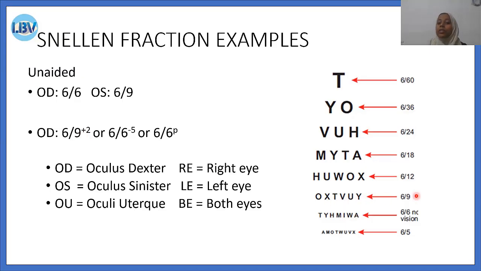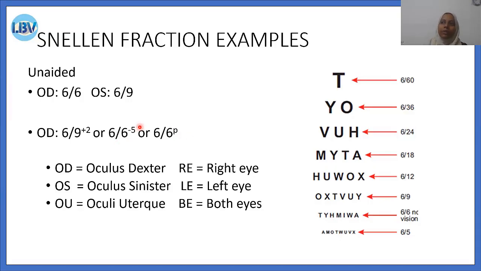That means the patient has completely read the 6 by 9 line and two letters from the next line, that is the 6 by 6 line. Or you can also write it as 6 by 6 minus 5: 1, 2, 3, 4, 5 letters were not read, but the 2 letters were read. Or simply you can mention 6 by 6 partial. There is no rule that you have to write plus 2 or minus 5 or partial.